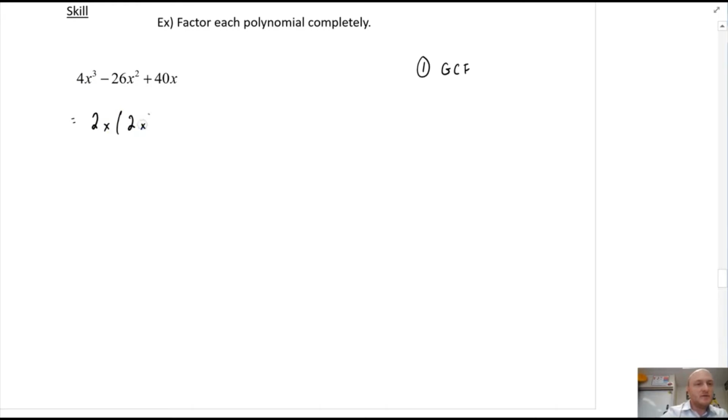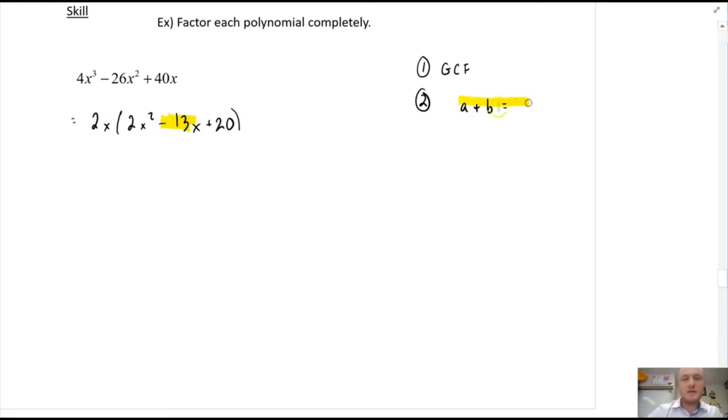Okay, and left over is 2x squared minus 13x plus 20. Okay, so at this stage, what we want to do is use our product method. So a plus b, we want that to equal our middle term.